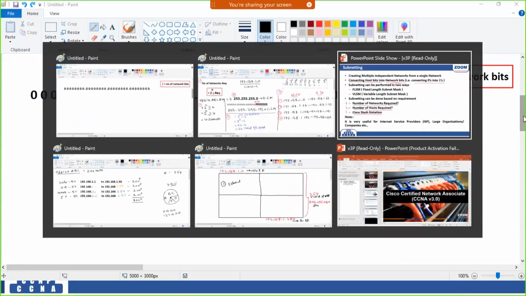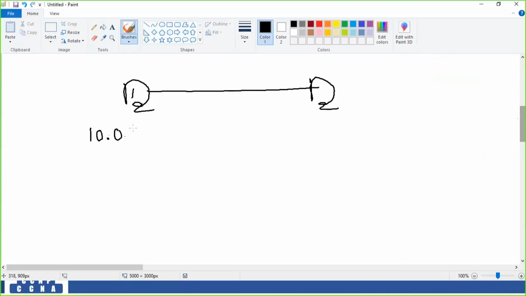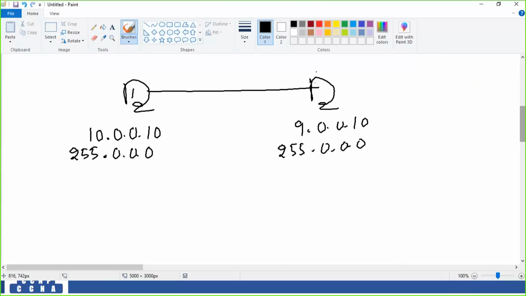You can understand with this example. One computer and another computer are connected. For computer 1, I have assigned IP address 10.0.0.10. What is the subnet mask? 255.0.0.0. For the second computer, I have assigned IP address 9.0.0.10. What is the subnet mask? Same. So will device 1 and device 2 communicate?